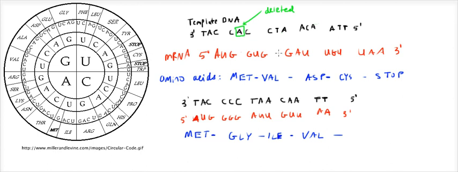So these are called frameshift mutations. They happen when you delete or you insert a base. Everything slides over, and this dramatically changes the composition of the polypeptide. So this has a dramatic effect on the shape of the polypeptide, and so on the functioning, what that protein can do.